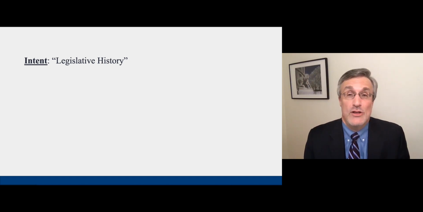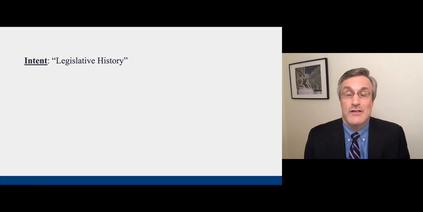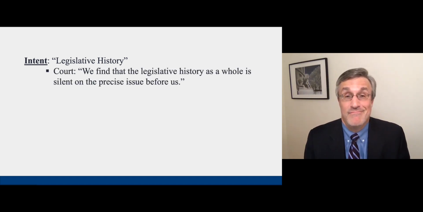So the court went looking for committee hearings and committee reports and statements made on the floor of the House or the Senate, sponsor statements. Did any of these materials speak at all to what a source of air pollution means? Well, the court came up empty-handed. Nothing in that whole vast legislative history of congressional deliberations leading up to the passage of the Clean Air Act spoke at all to what a source should mean.